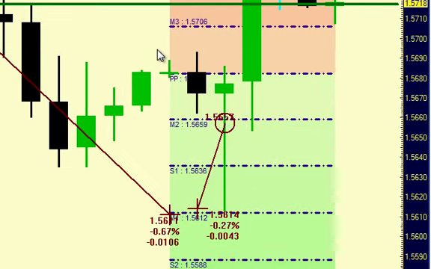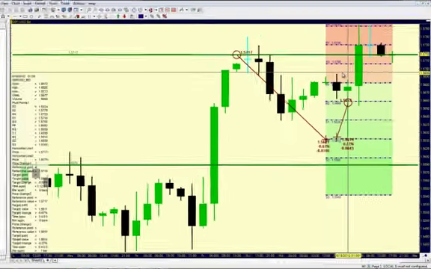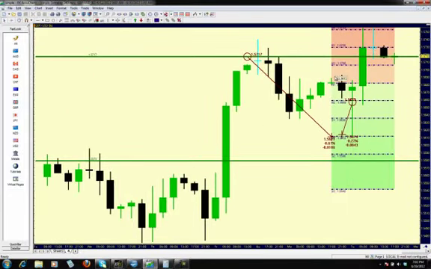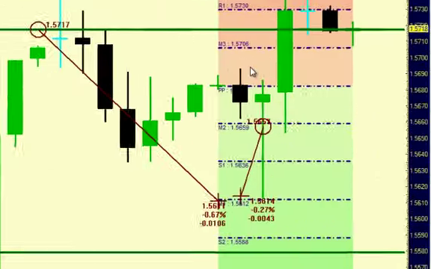In a vacuum that looks bad, but from the overall picture, risking 20 pips to make 140, that's a 7-to-1 reward to risk ratio. So when you look at things from that perspective, instead of looking at it in absolute value and saying, oh wow, after all this time you lost 20 pips, that's not necessarily the case.